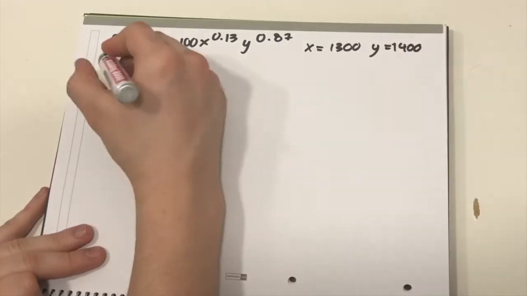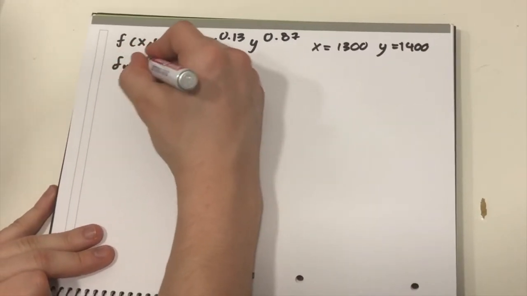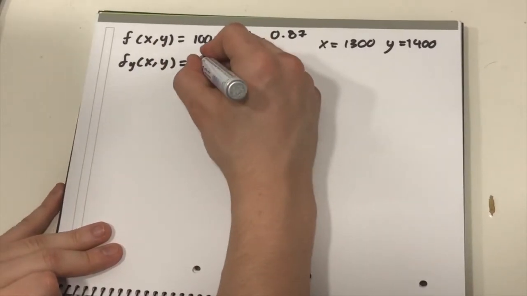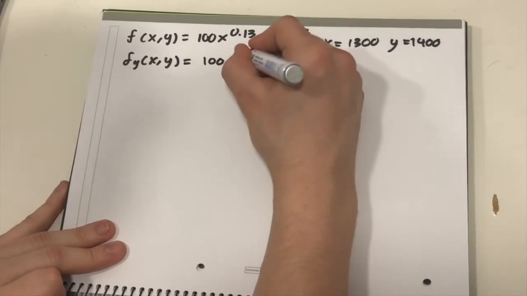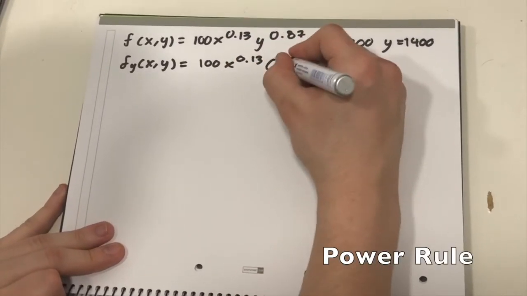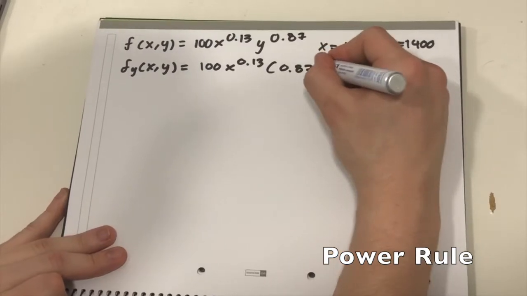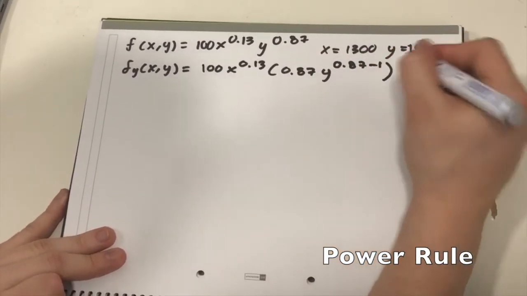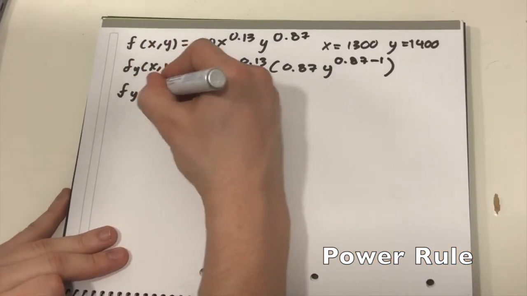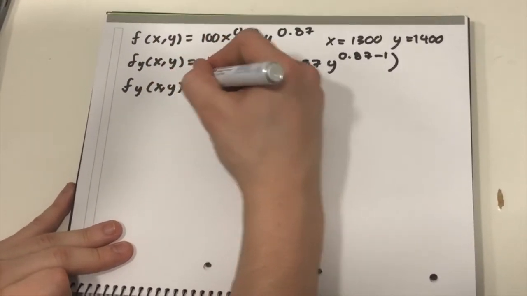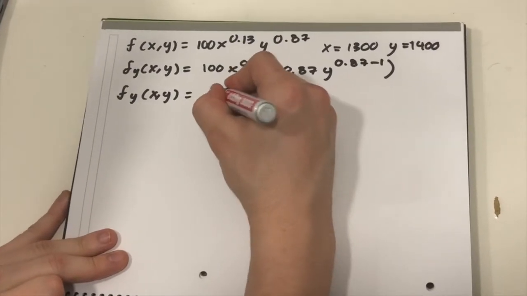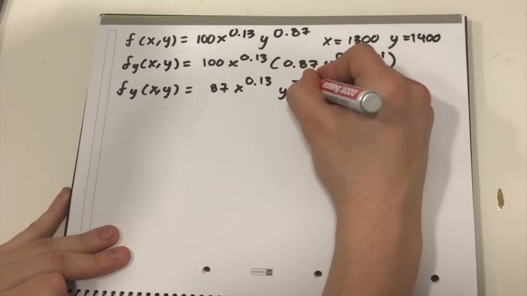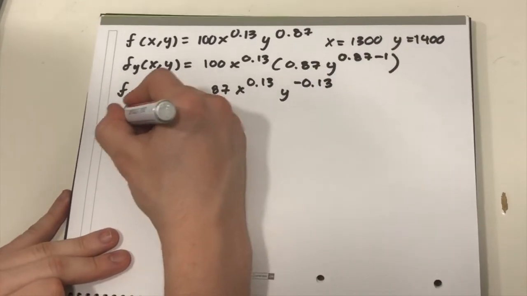So we need to find the partial derivative of the function with respect to y, which equals 100x to the power of 0.13, we open parentheses, times 0.87 times y to the power of 0.87 minus 1, which equals the partial derivative with respect to y, 87 times x to the power of 0.13 times y to the power of minus 0.13.